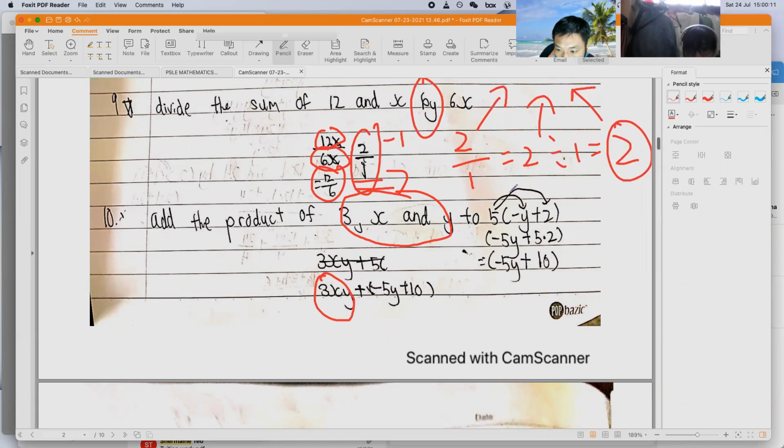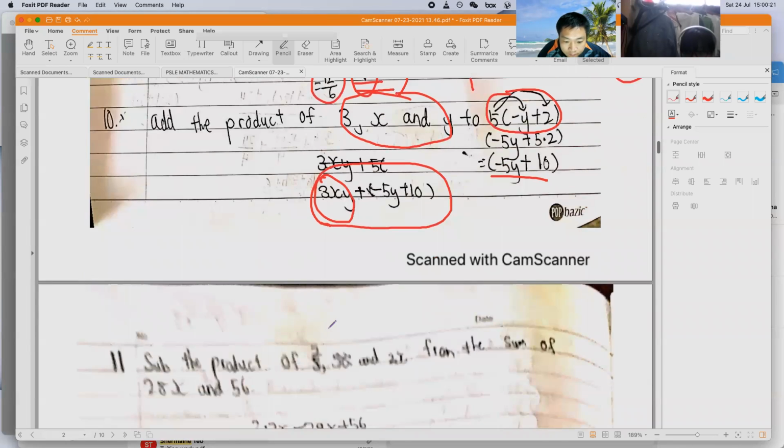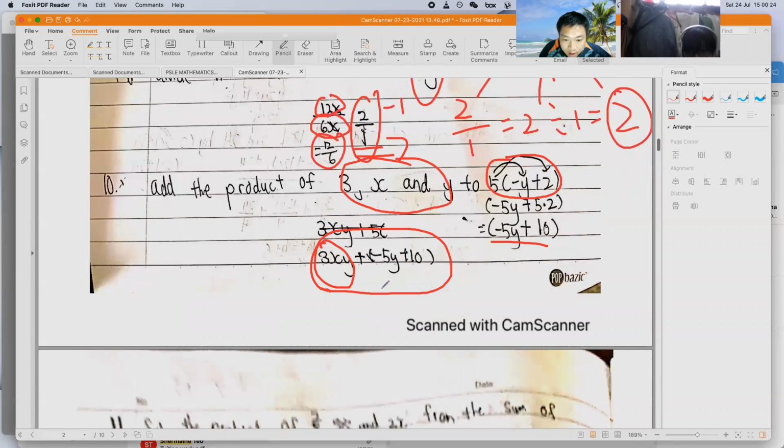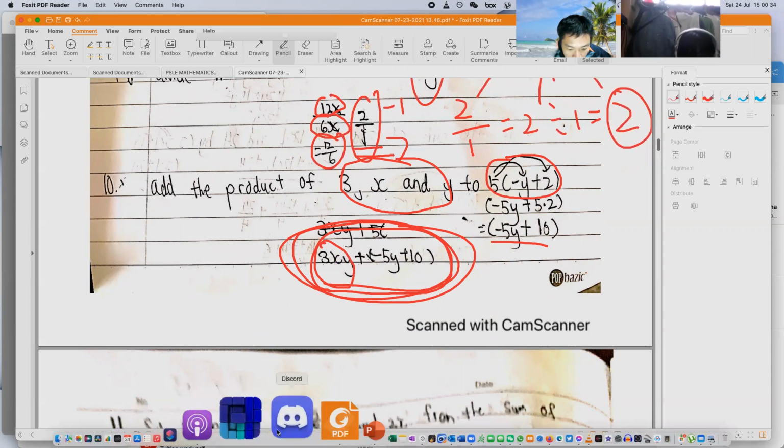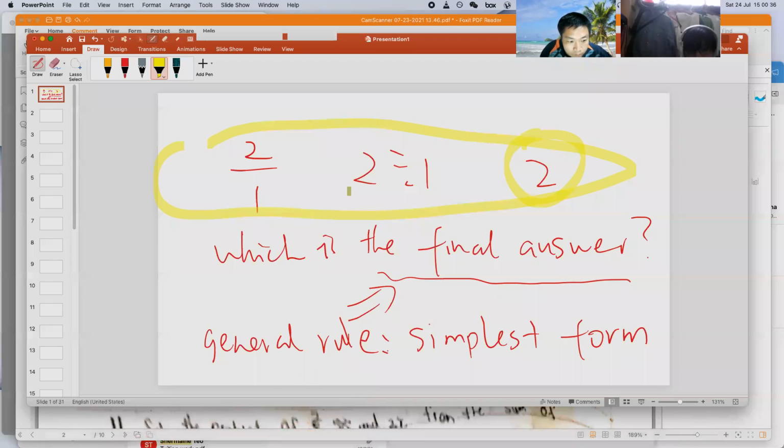to this, right? So before you do this, you must open the bracket first. So you end up with this. Can you see this? Do you think this is the simplest form already? 3xy minus, okay, let me get it into this.